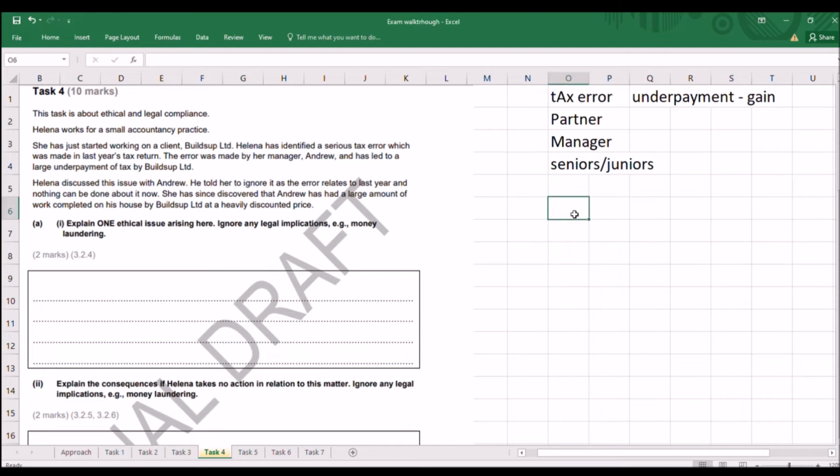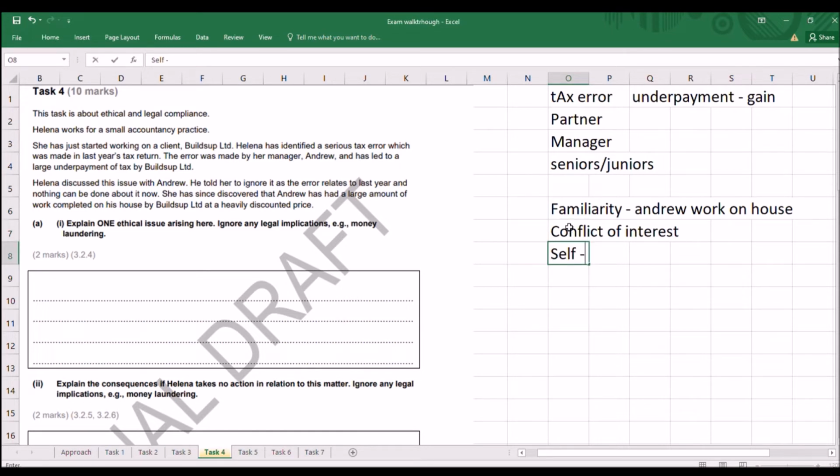So one ethical issue, but what have we got in terms of ethical issues? Well, we've got familiarity, haven't we? Because Andrew's got work on the house. We've got conflicts of interest, and we've got self-interest.